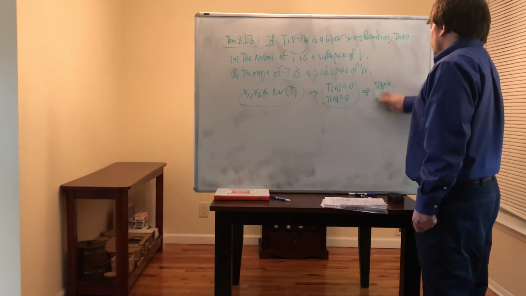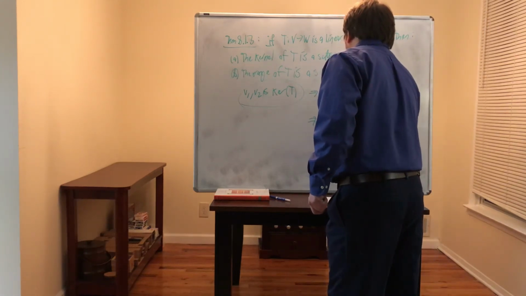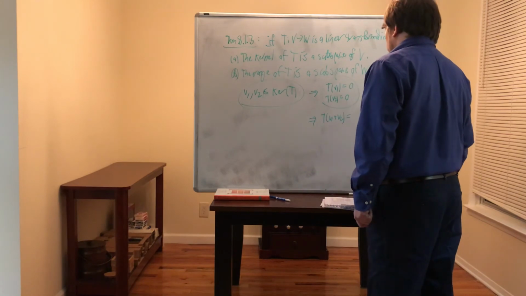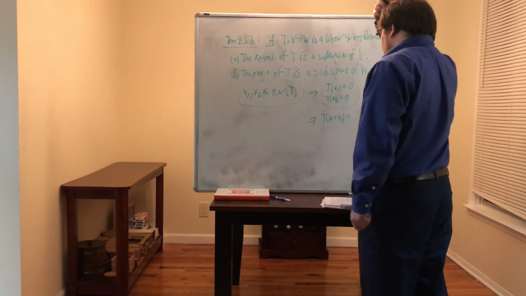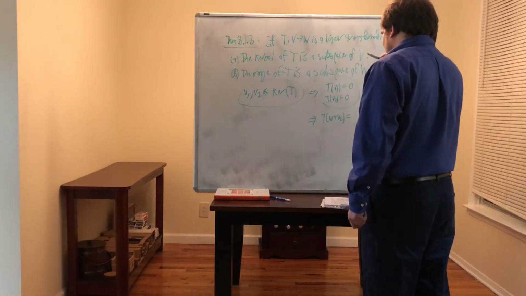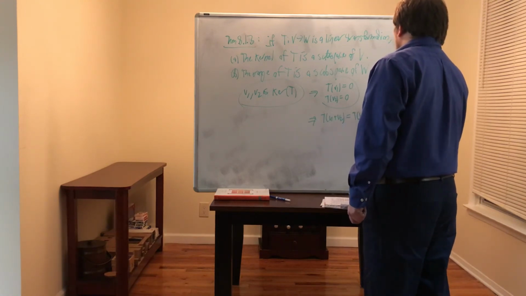But then, knowing those two equations, I could then conclude that T of V1 plus V2, actually I'm going to write this here so I have more room. T of V1 plus V2 is equal to T of V1 plus T of V2.